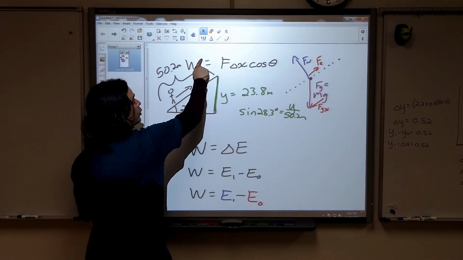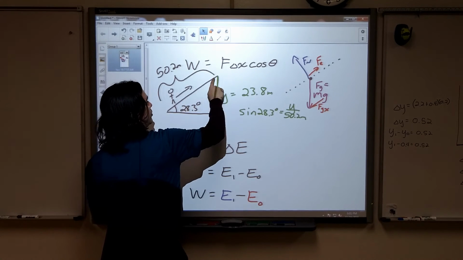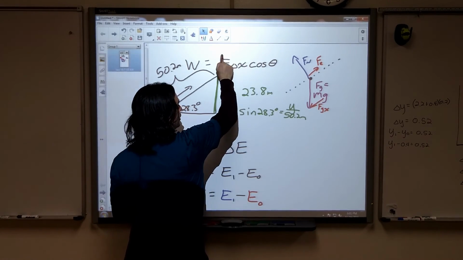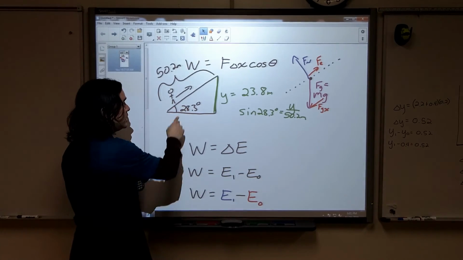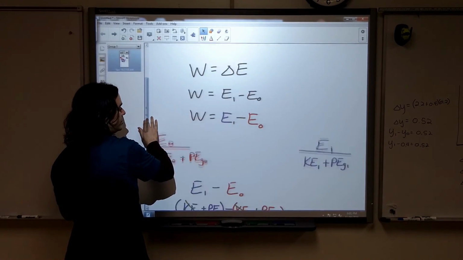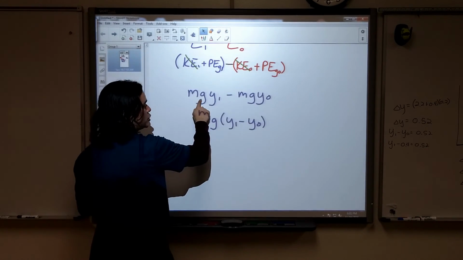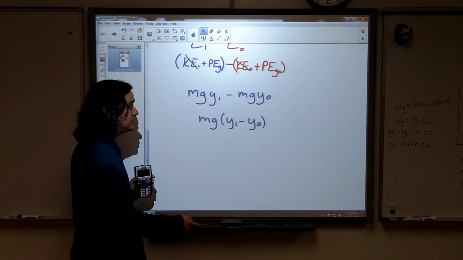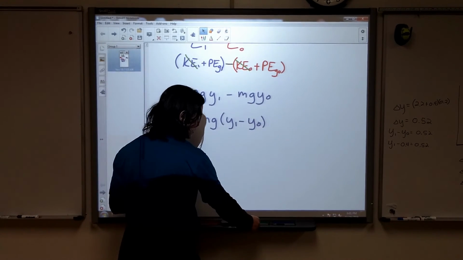And while in the work equation here, we would use 50.2 meters if we were doing this approach, where we'd have a cosine of an angle in here, this number is my displacement overall that the force is applied over. What potential energy due to gravity cares about is not the total displacement, it's only the vertical displacement.